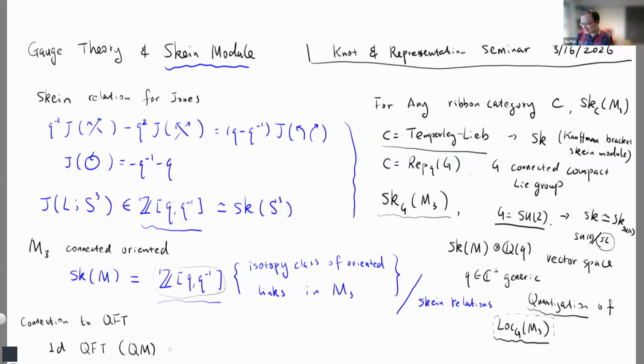So the connection to quantum field theory should be actually lifted to 2D, where the picture is that in the middle, one has an actual sigma model. And now I can answer the question.